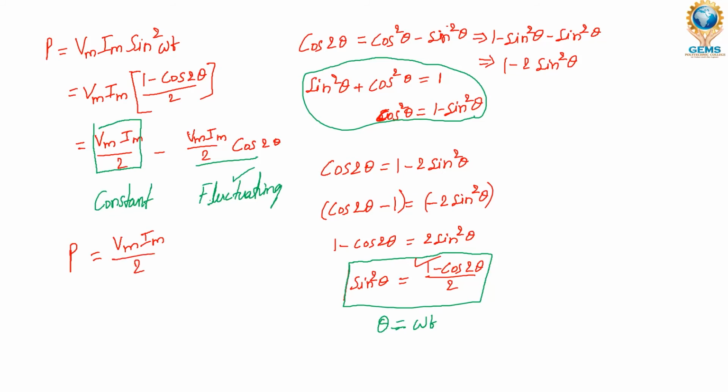We already know one more formula: V equals Vm by 0.707. What is 0.707?